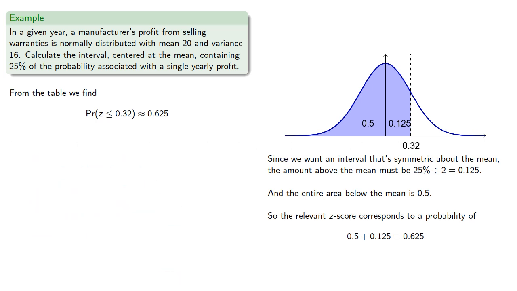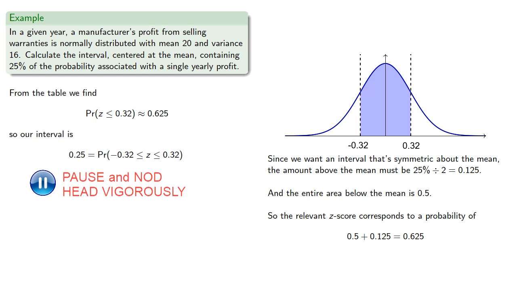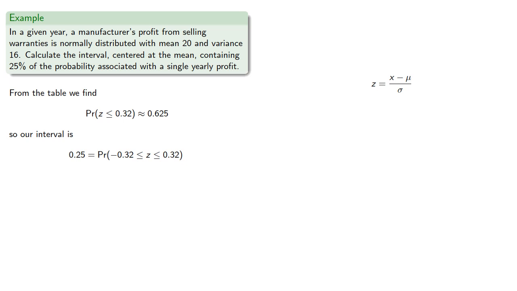And since the interval is symmetric, that also runs to negative 0.32. And then we can recover our profit values. So our z-score of positive 0.32 gives us the upper endpoint, and our z-score of negative 0.32 gives us the lower endpoint.